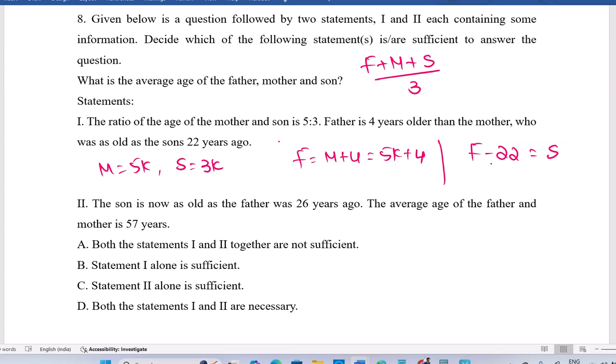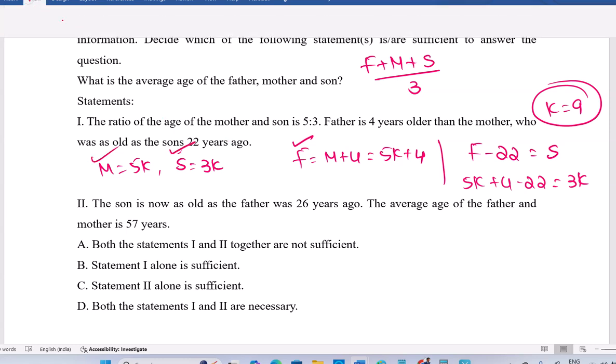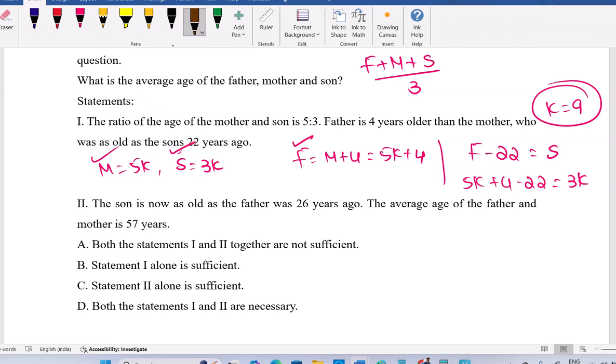So 5k plus 4 minus 22 is the son, 3k. We get 2k equal to 18, k equal to 9. Right, so when you know the k value 9, the father, mother and son can be obtained. Statement 1 alone is okay.